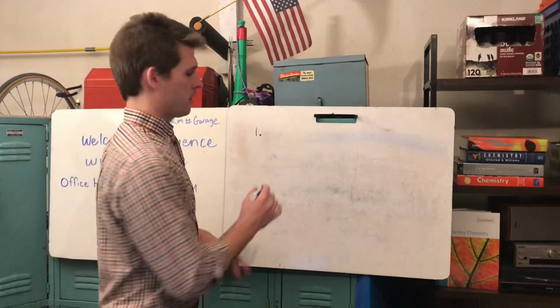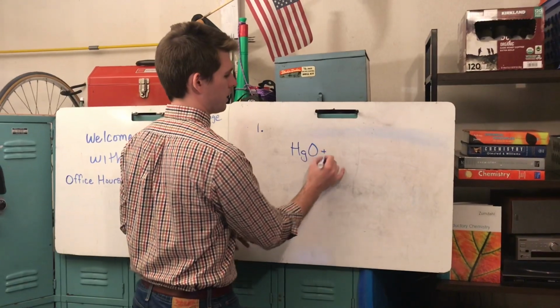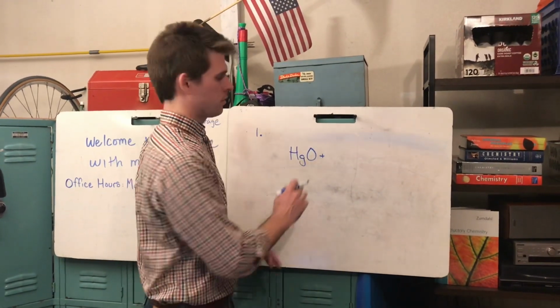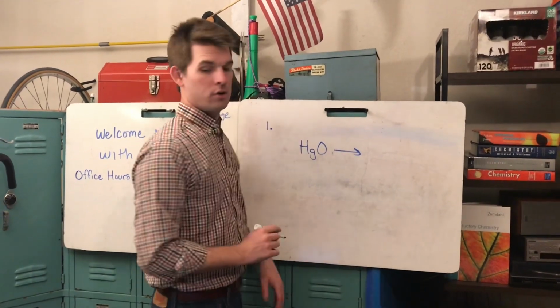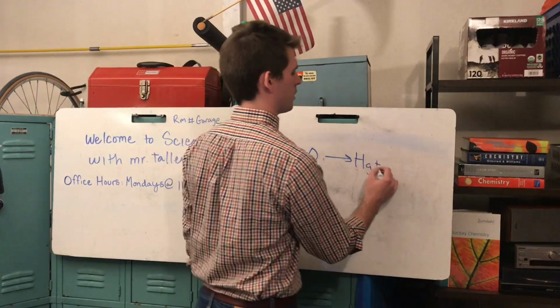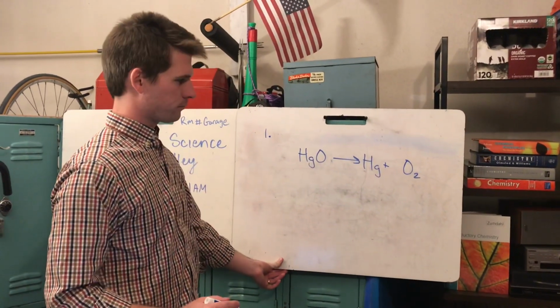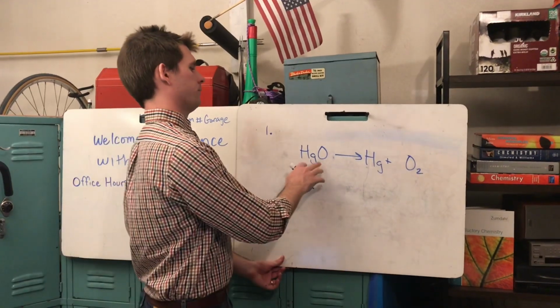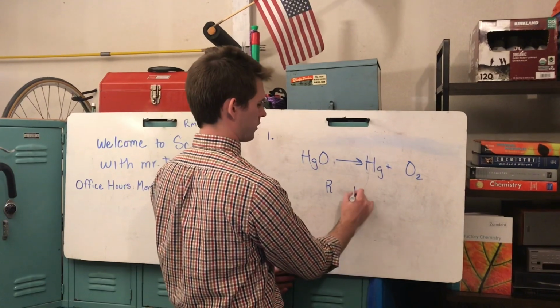So it tells us we have HgO reacts to form Hg plus O2. Okay. So, if I look here, well, let's actually do the reactant product table chart.